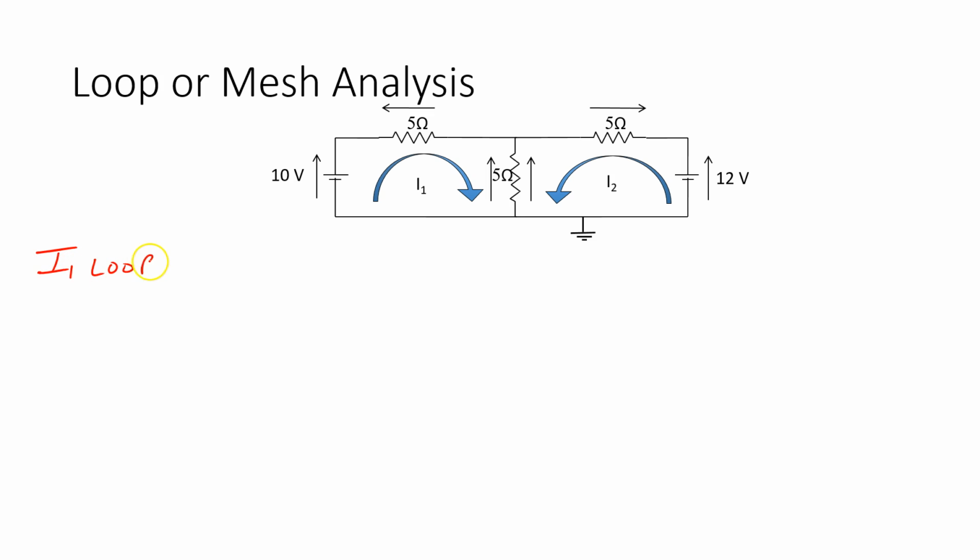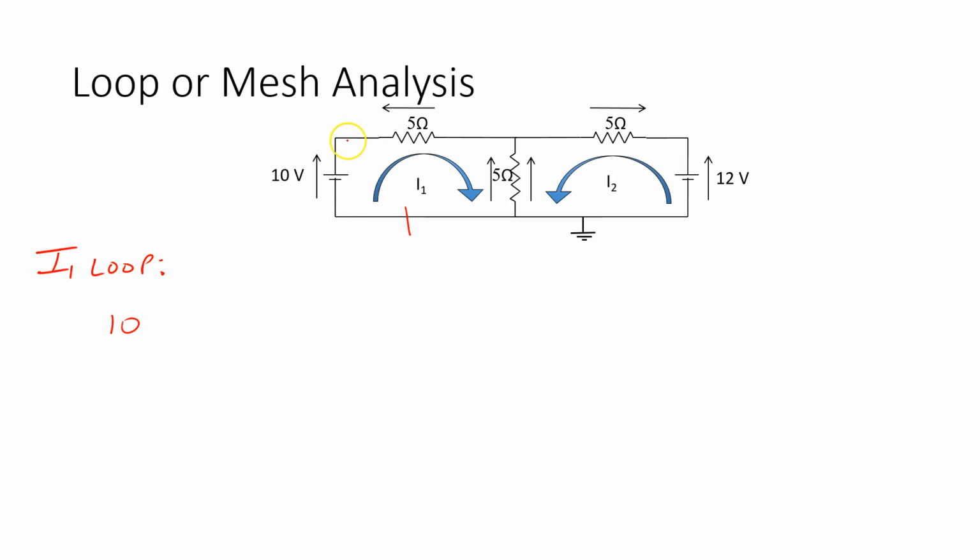I1 loop. And I'm going to start at any point in the loop. So let's start here. And I'm going to go around the loop and come back to this point. So first, if I look at this point, I'll see the voltage arrow going upward. So it means the voltage is going up from this point to this point. So from this point, I add 10 volts.